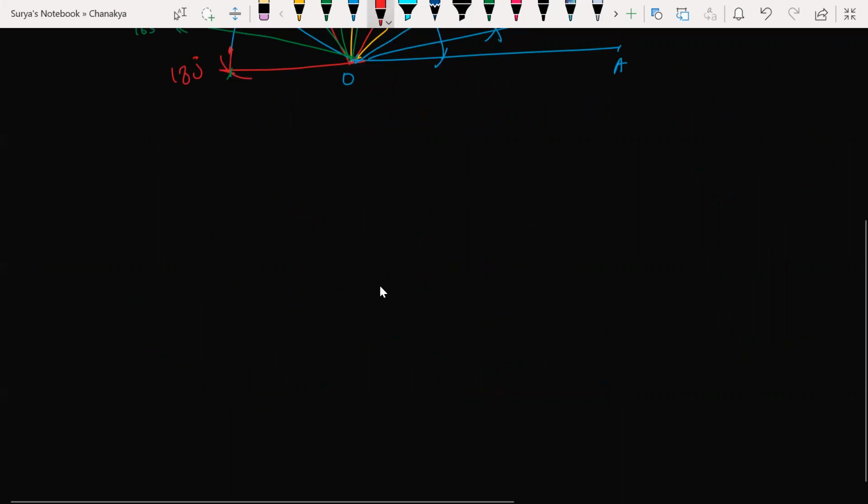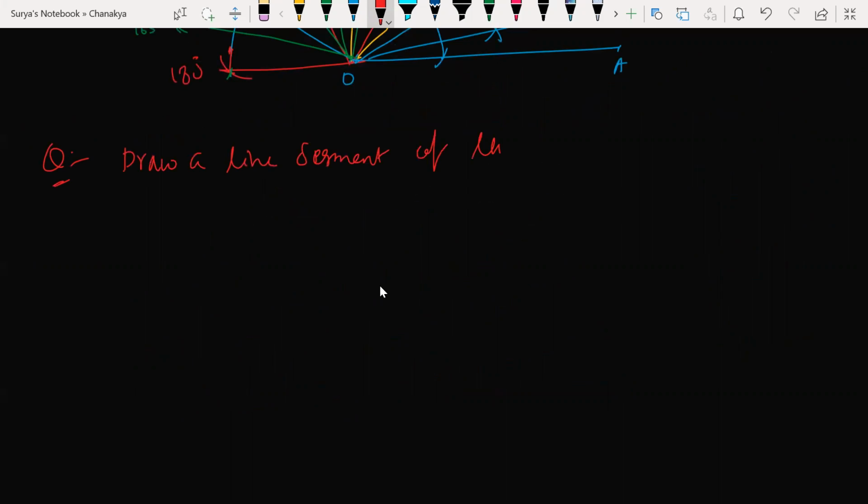So let me give a couple of questions over here. Draw a line segment of length 6 centimeter using compasses and ruler.